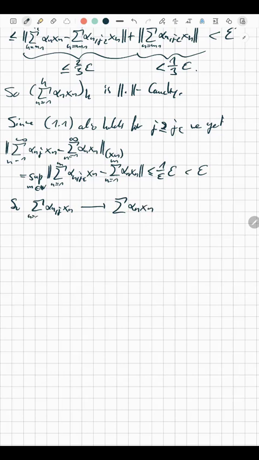So here we take obviously every single dimension, and this converges as j goes to infinity, which is what we wanted to show.